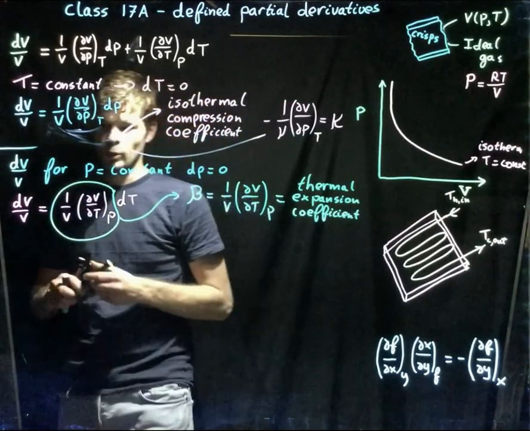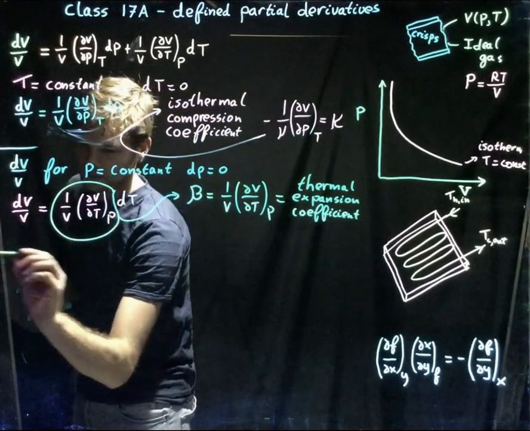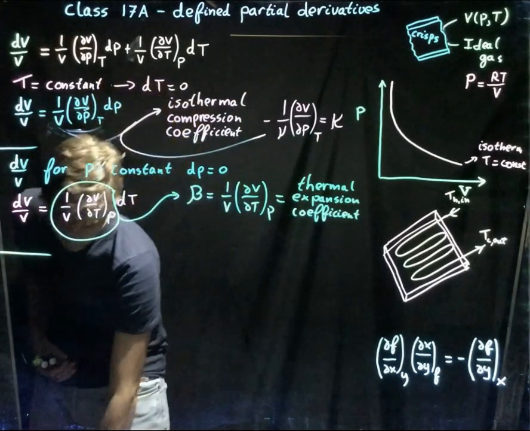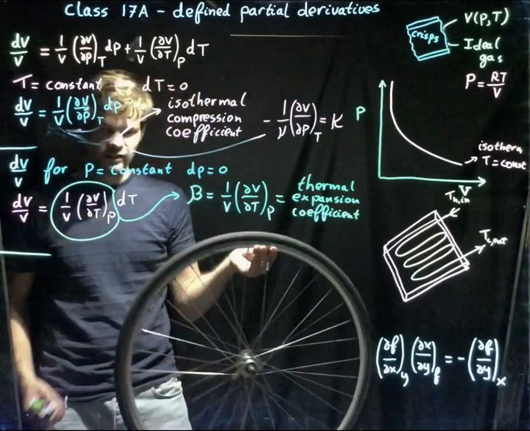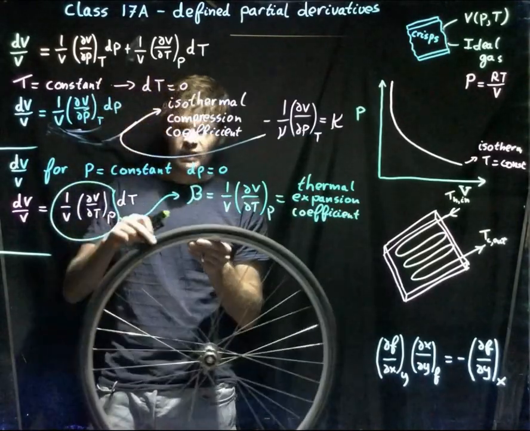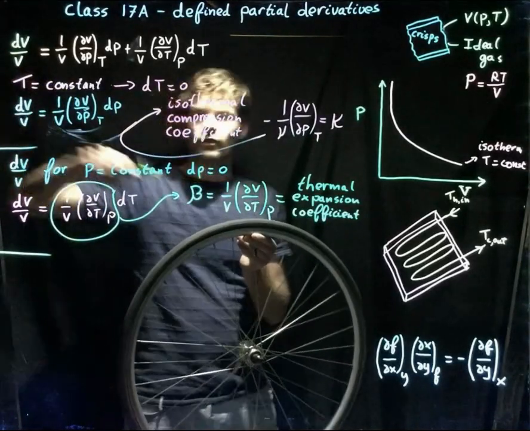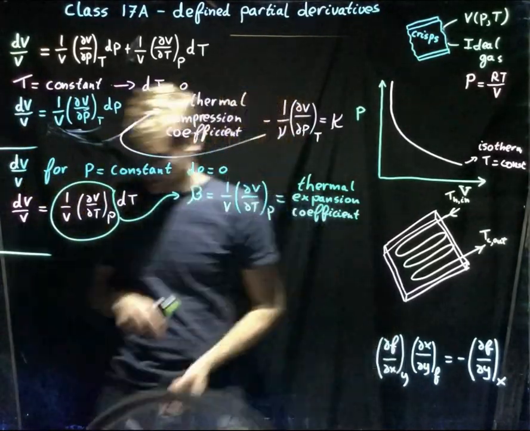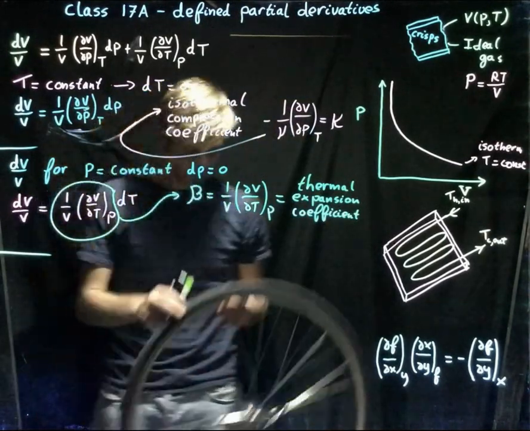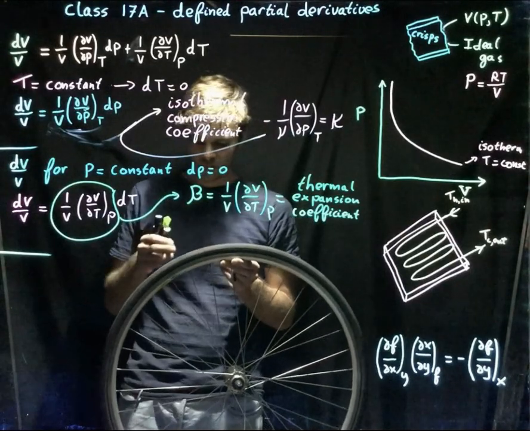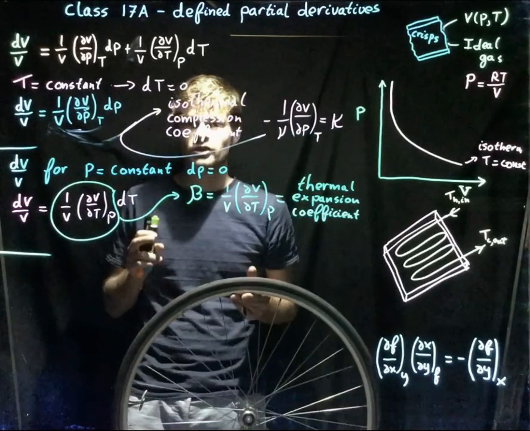Well, and then there's another one, and that one is actually very interesting. For instance, when you inflate the tires of your race bike, in the first part the change in volume due to pressure is really important. But when the tire is up to pressure, volume won't change a lot anymore.